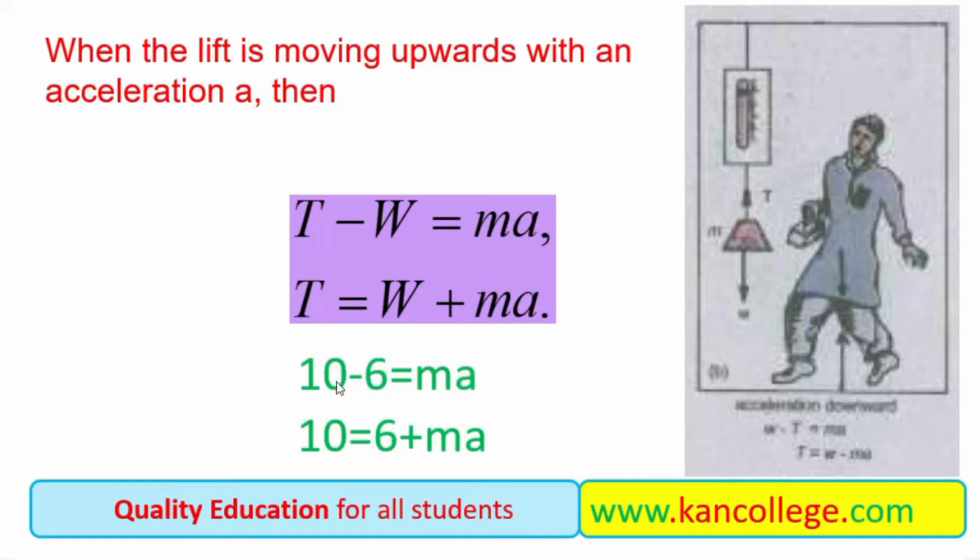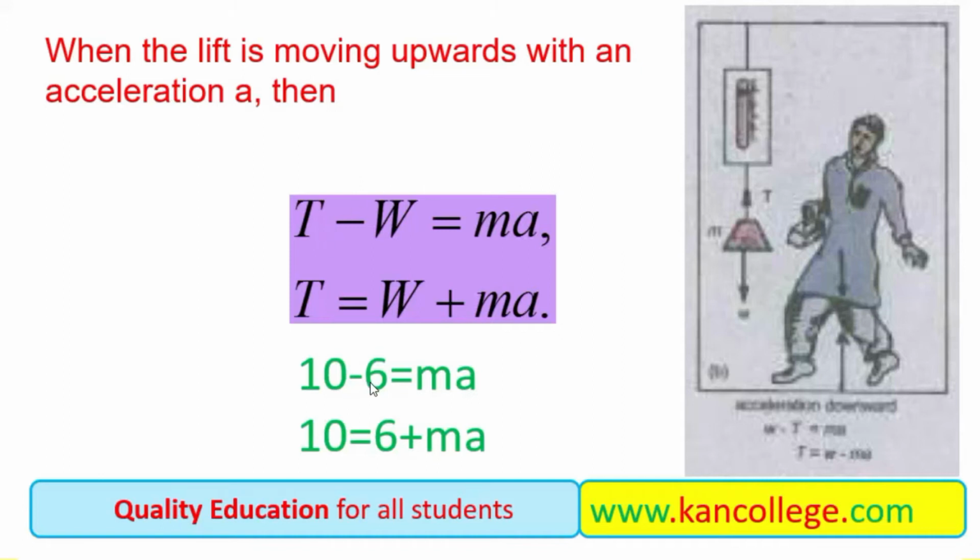If the tension is 10 Newton and the weight is 6 Newton in the downward direction, the net value of 4 Newton is accelerating the mass. A net force of 4 Newton acts on the mass and it is accelerating in the upward direction with some acceleration a.